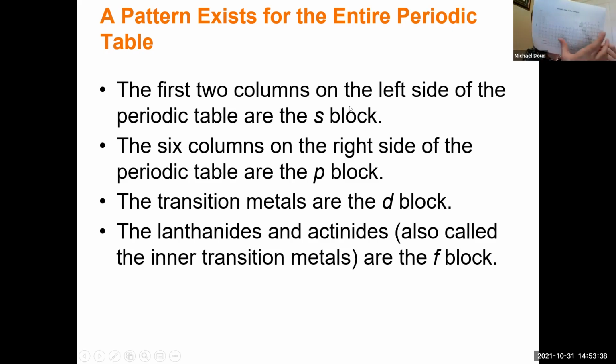Then we have this big box over here that's about 6 blocks wide. That's what we call the p block, because in there we're filling the p sublevels. The transition metals in the middle, notice that that's 10 wide, because we're filling the d sublevels, so we call it the d block. And then finally down here is the f block.